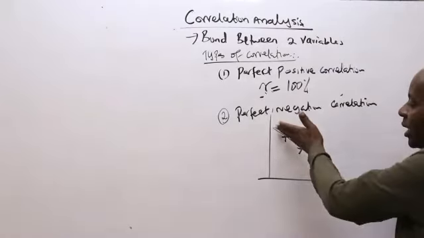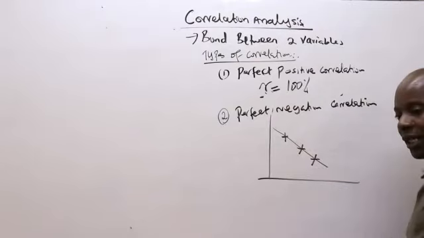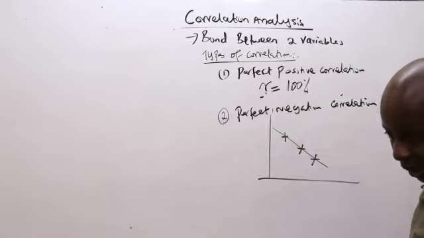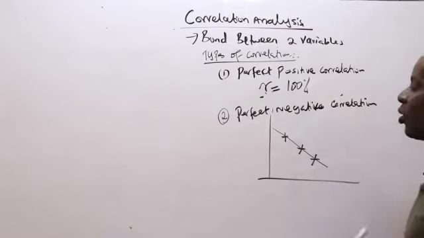The gradient is negative: as X is increasing, Y is decreasing. So perfect negative correlation, that's how it behaves.